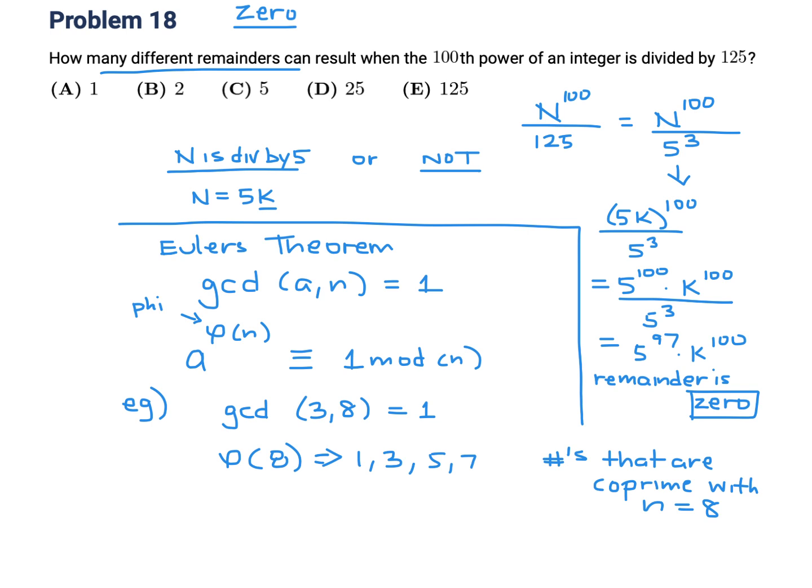So basically you're looking at the number of positive integers less than the number that are relatively prime to that number. And in this case, phi of 8 is equal to 4, because there are 4 of these guys.